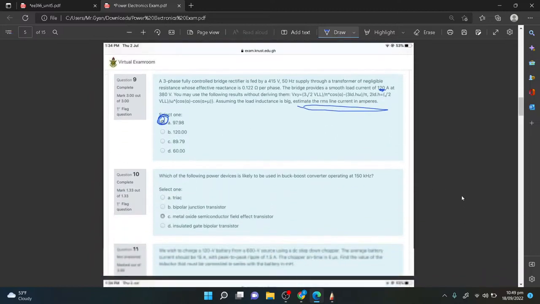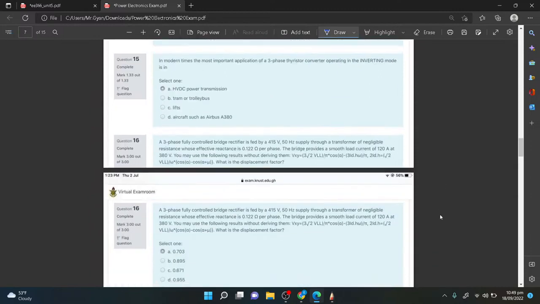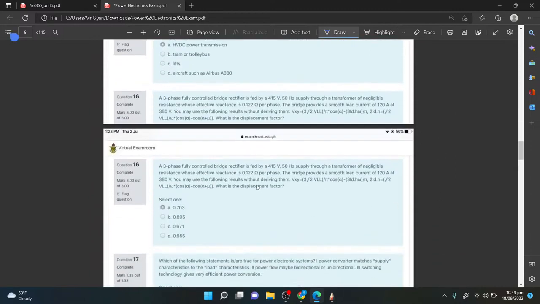So let's do the three-phase fully controlled. The question here is what is the displacement factor? DF is given by cos alpha. We've been given the output voltage.